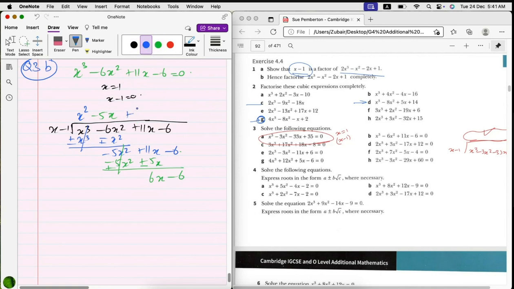Now with 6, I'm going to get 6x minus 6. Signs changed and 0.